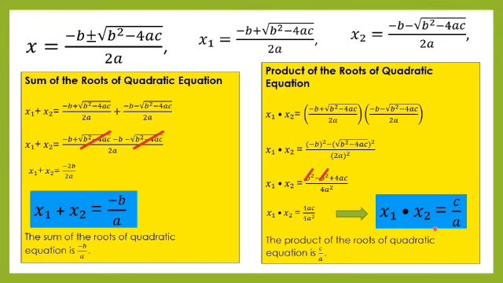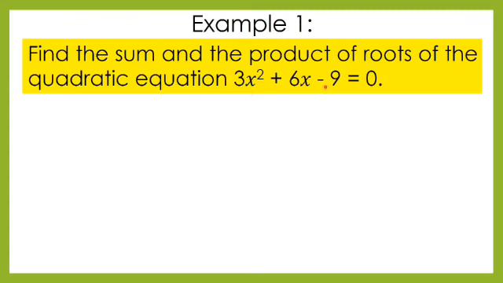Let's have examples of finding the sum and product of roots para mas maintindihan natin. Let's have example 1. Find the sum and the product of roots of the quadratic equation 3x squared plus 6x minus 9 equals 0.